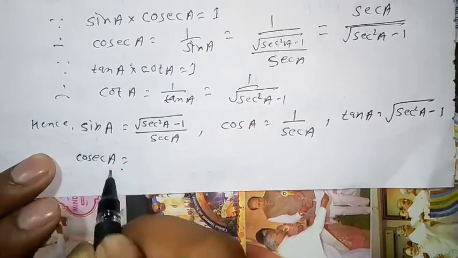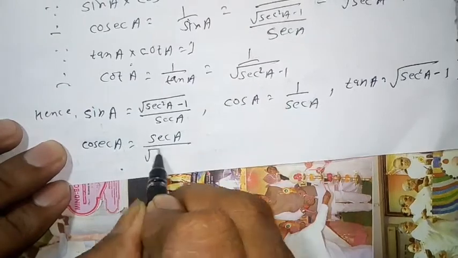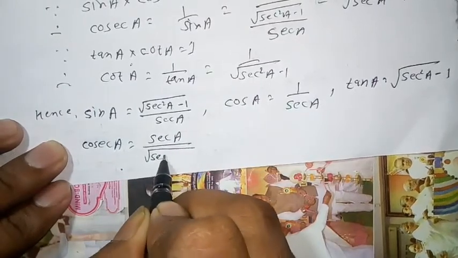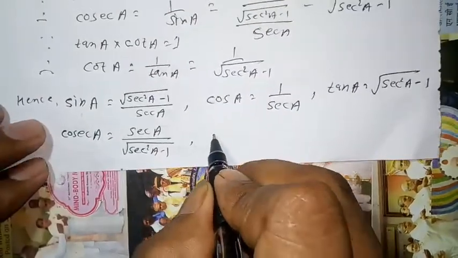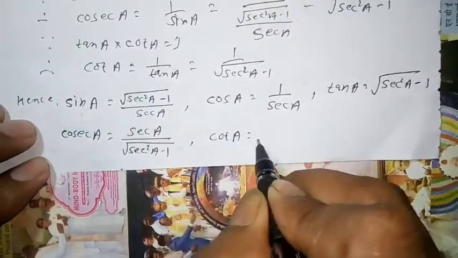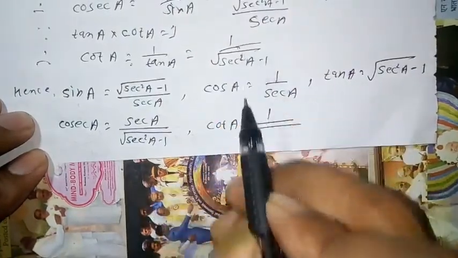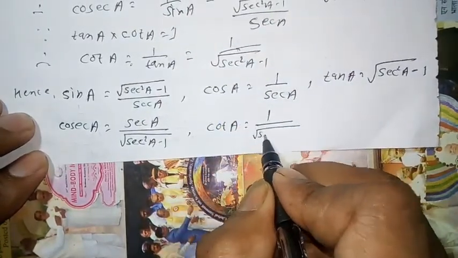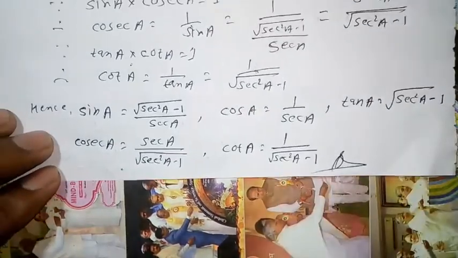Cosec A is equal to sec A by root under sec square A minus 1. Cot A is equal to 1 by root under sec square A minus 1. Answer. Question number 3.